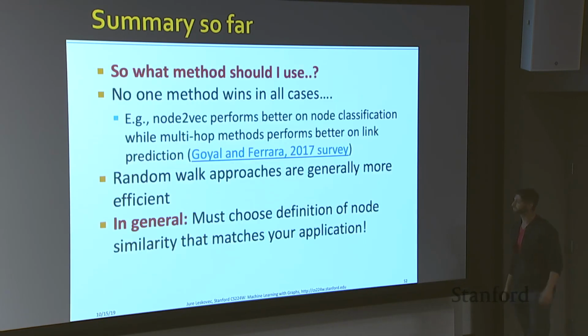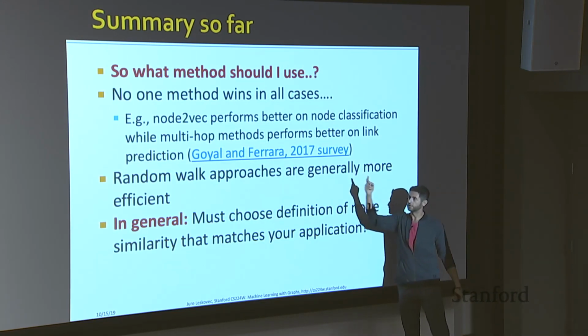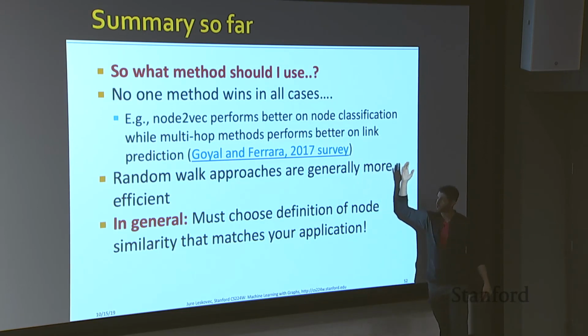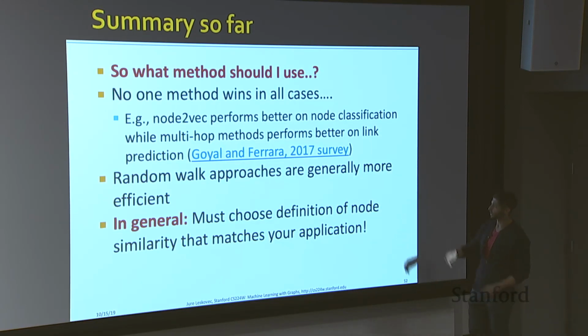In terms of methods, I'm pointing you to this very interesting survey. As I was mentioning before, none of these techniques is a silver bullet. None of them works in a great way on each single graph and each single task. For instance, in this survey, they found that node2vec was great for node classification, but there are better methods for link prediction.